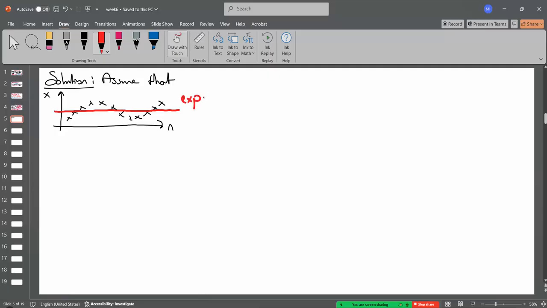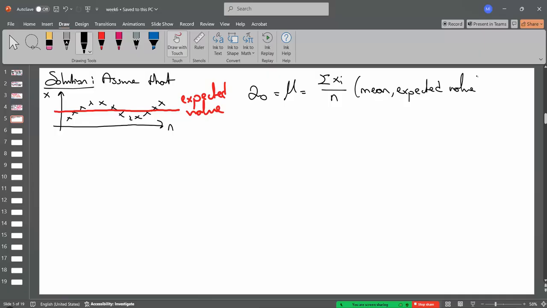This is the expected value. But why is this the expected value? This is theta 0. With the previous example, this is the mu, which is equal to the sum of xi divided by n. This is called the mean or expected value in science literature. So this is the first solution.